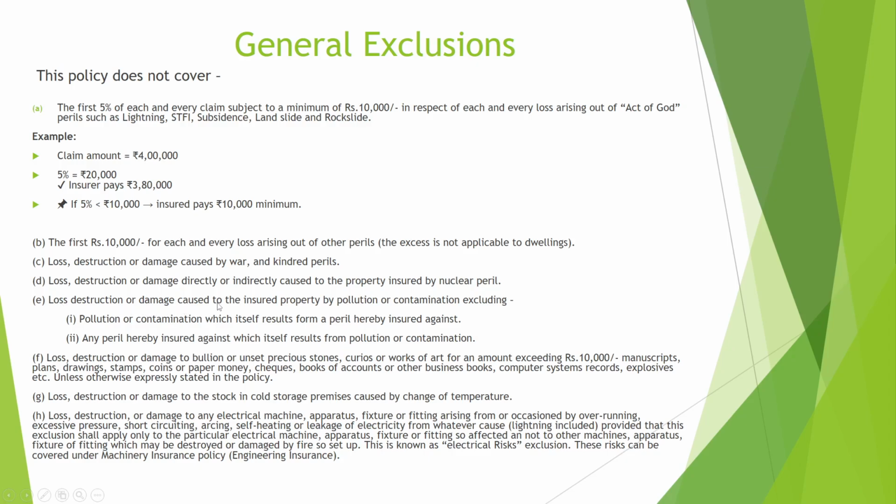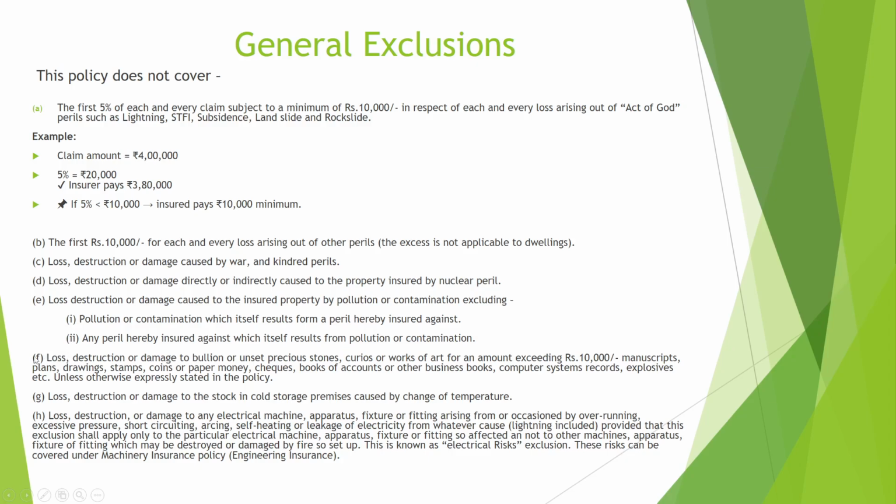Loss, destruction or damage caused to the insured property by pollution or contamination is excluded, but these two are covered: pollution or contamination which itself results from a peril hereby insured against, you can take cover for it; and any peril hereby insured against which itself results from pollution or contamination. Something resulting from pollution or contamination, you can take cover for it, otherwise you cannot take cover.